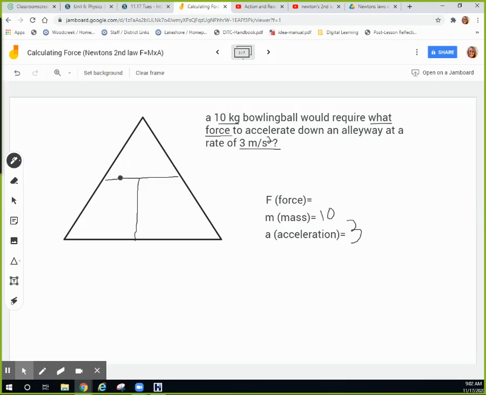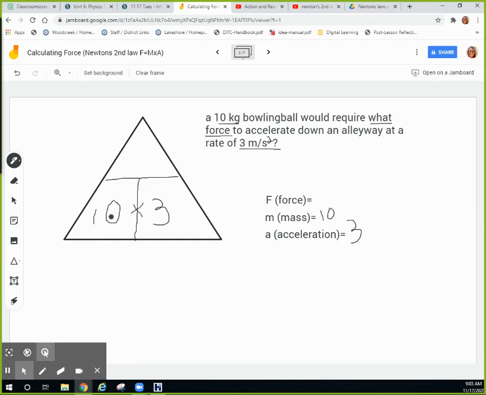Okay, so now I need to plug that into my triangle. Force is on top, and that's what we don't know. Mass of 10 kilograms and an acceleration of 3 meters per second squared. So this line means to multiply. What is my force?